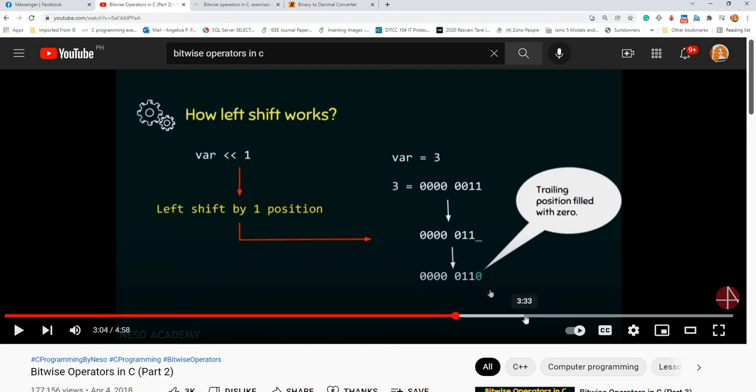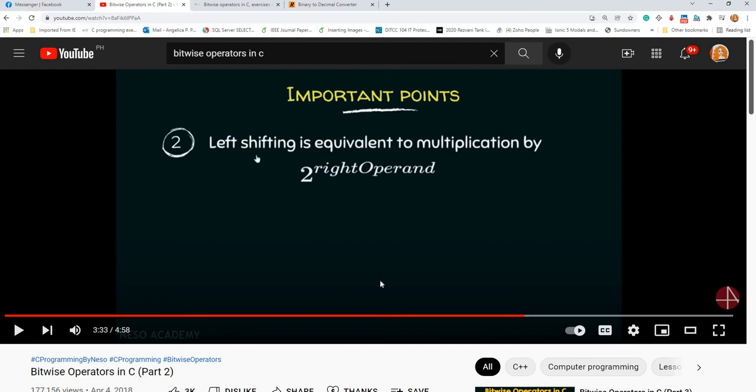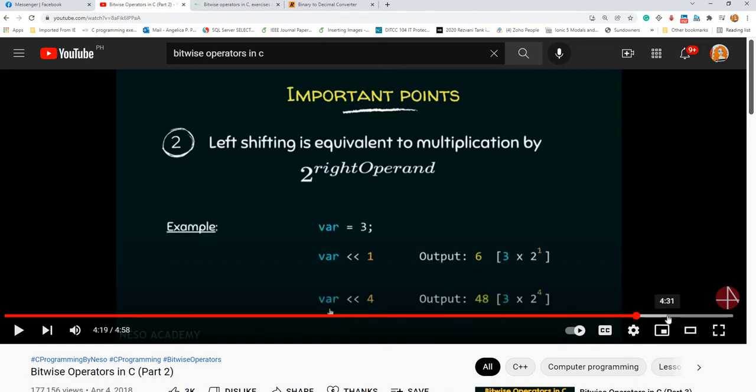Okay. And then, the left shifting is equivalent to multiplication by 2 to the right operand. So, doon tayo sa example. Dito sa example natin, ang value ng variable na 3, yung first operand natin na 1.